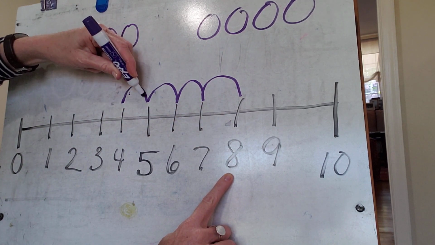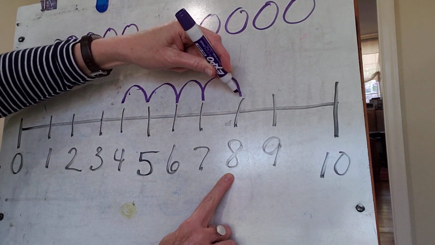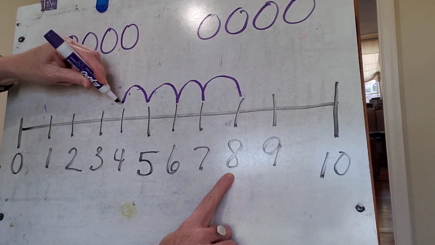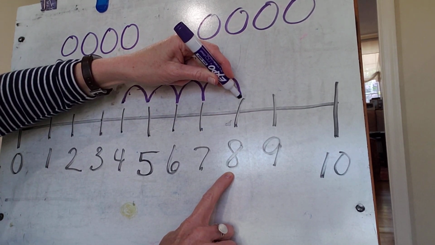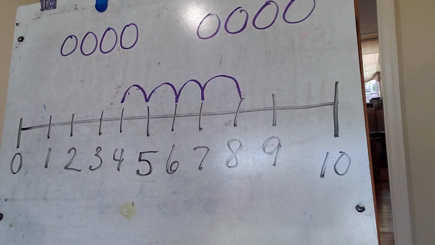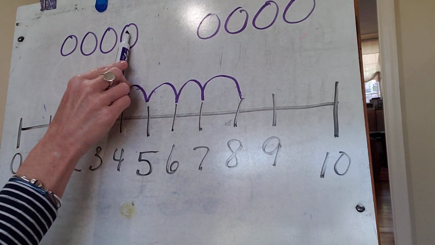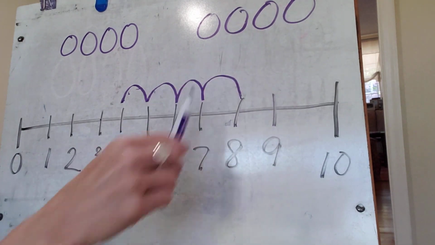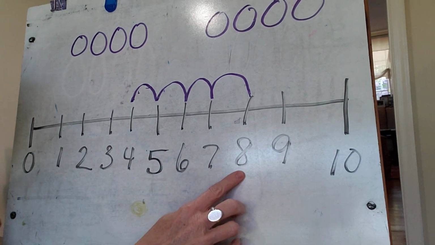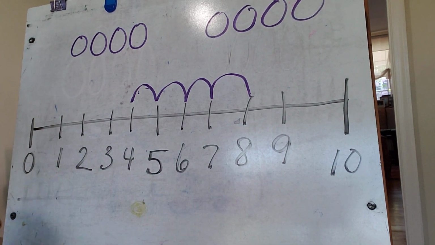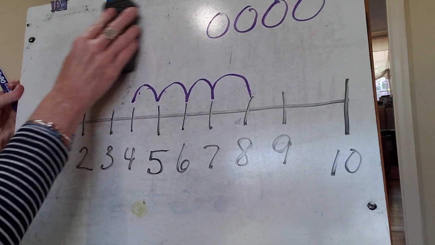When I made those 4 hops for my friend's 4 cookies from my 4 cookies, I landed on number 8. So let's go see. 1, 2, 3, 4, 5, 6, 7, 8. Do we have 8 cookies? We do. Did I get to an 8 on my number line? I sure did.